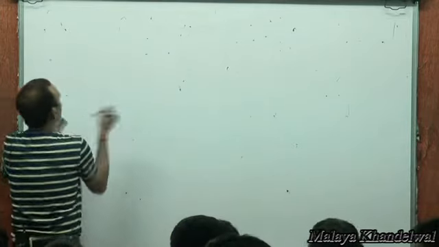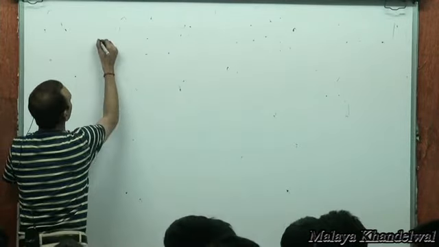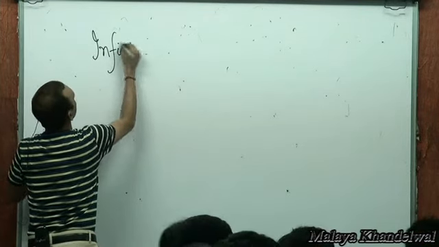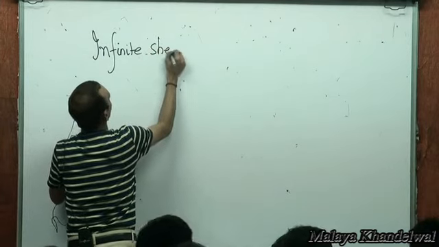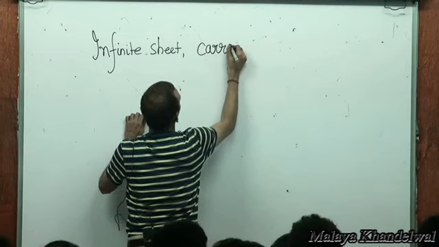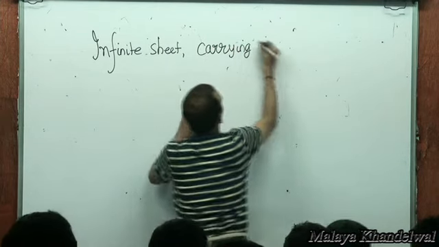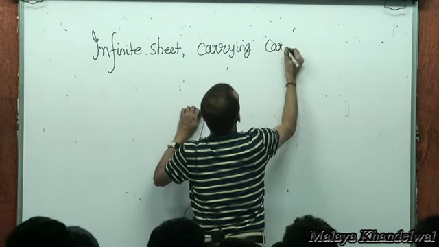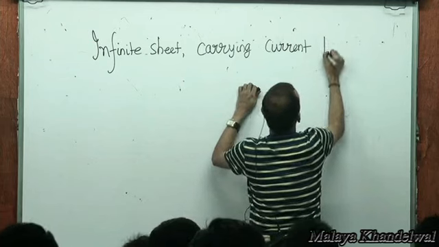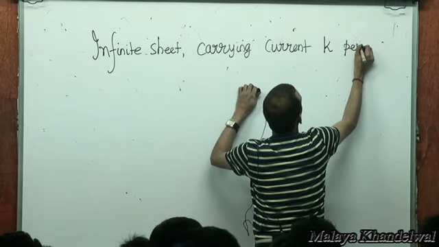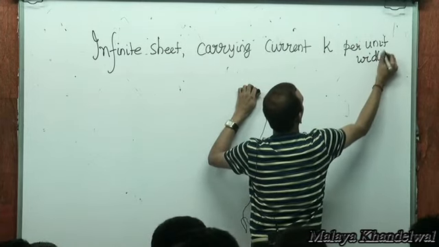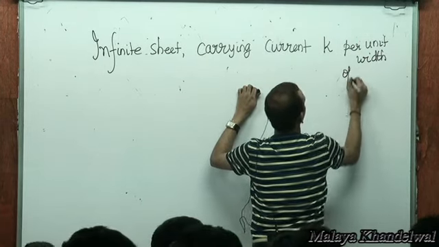So, looking at the end of the sheet, an infinite sheet carrying current K per unit width of the sheet.